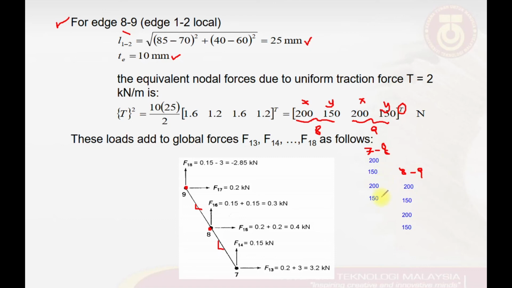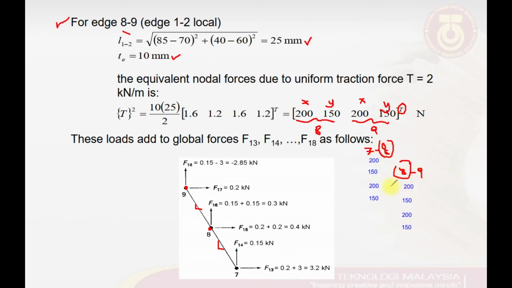From that we can see that at point number 8 we have a value that is calculated twice: first we calculated it on the edge 7 and 8, then we calculated it again on the edge 8 and 9.